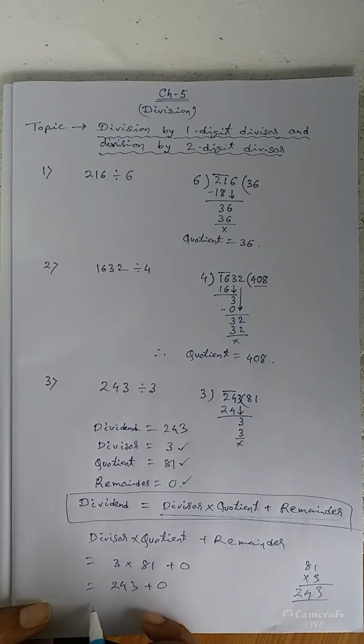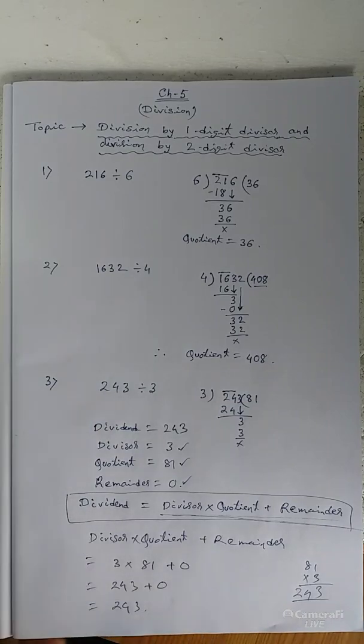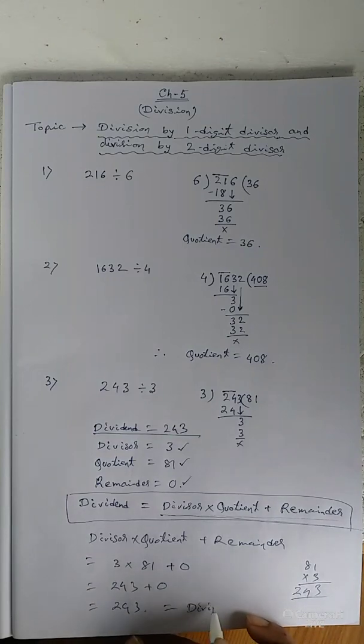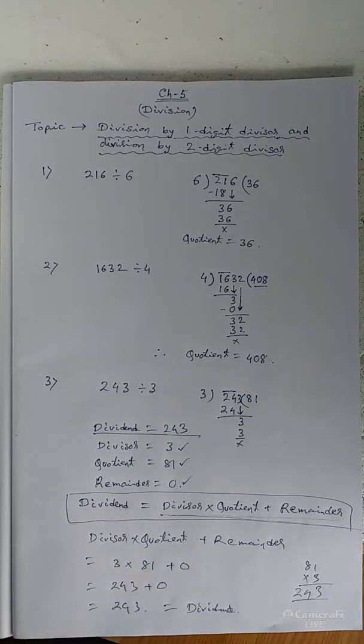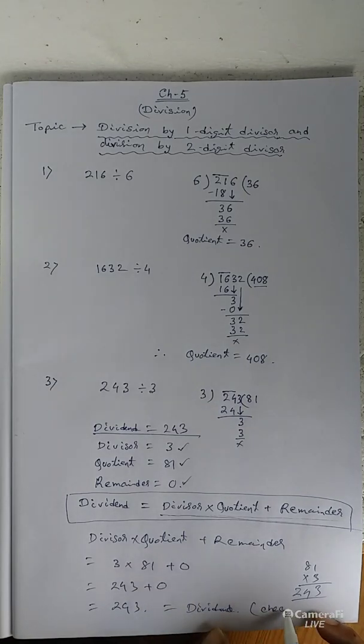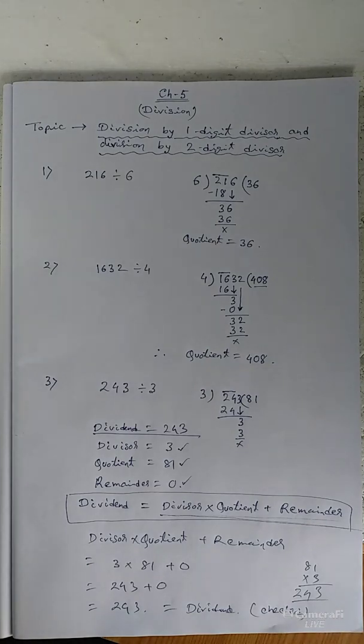So 243 plus 0 we get 243, and this is the dividend. Check it. So we are getting divisor into quotient plus remainder equal to dividend. So our result is correct and it is checked. In this way we can check whether our division is correct or incorrect.